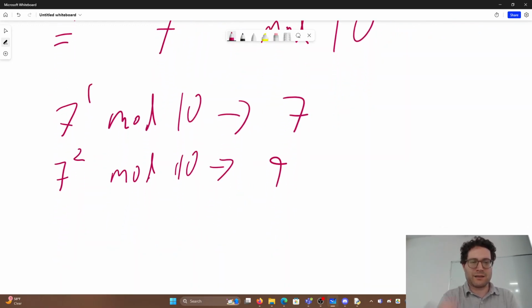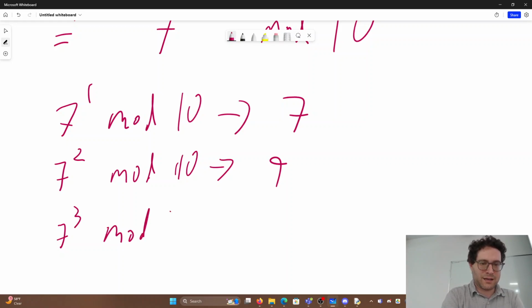Now 7 cubed mod 10. This is actually not so bad.